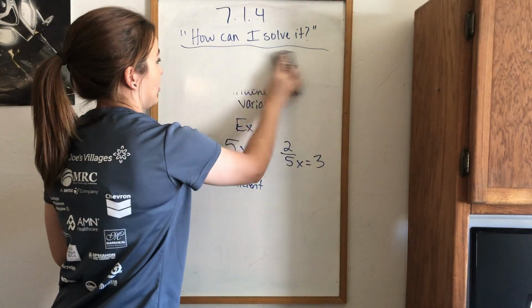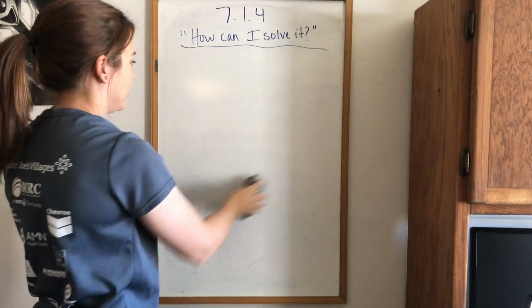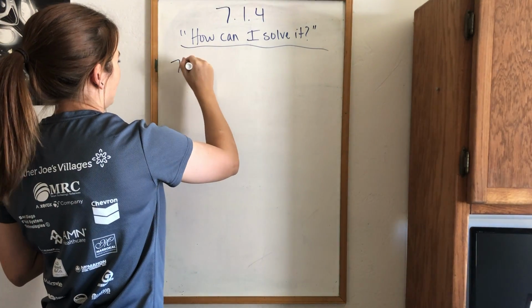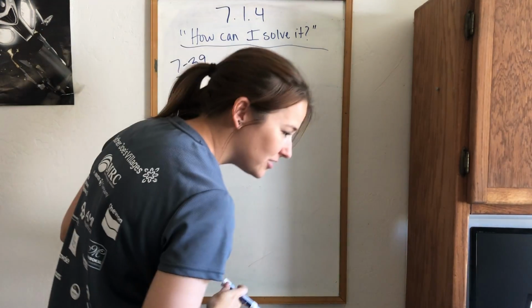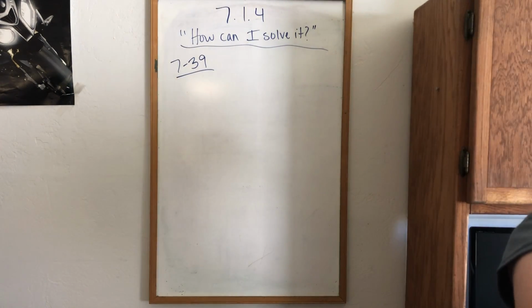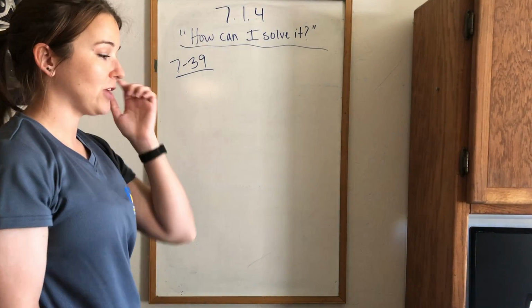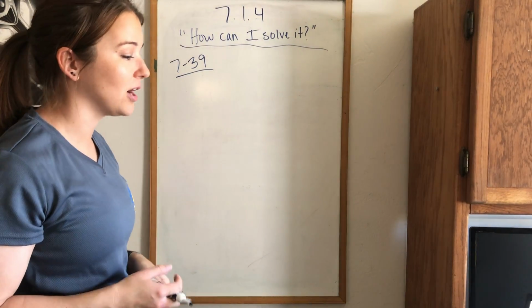Let's do the first problem, 739. Is it 739 or 734? I can't tell. 739. And it says, are we there yet? The Sutton family took a trip to see the mountains in Rocky Mountain National Park.